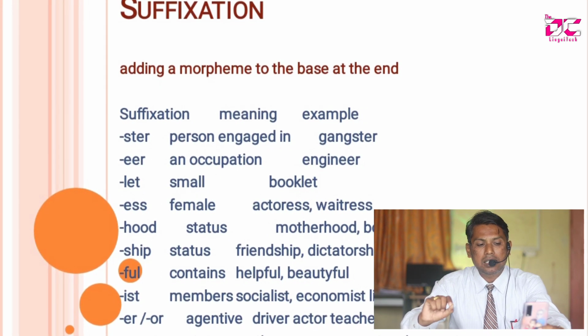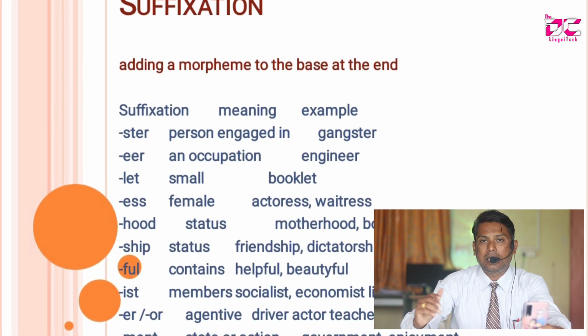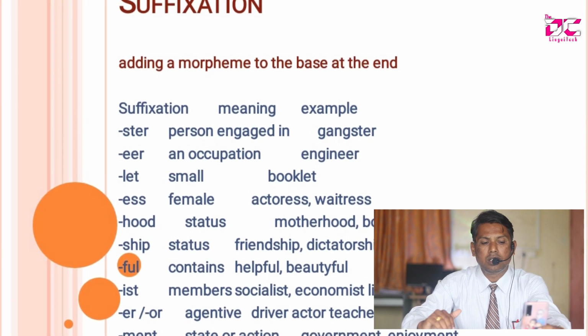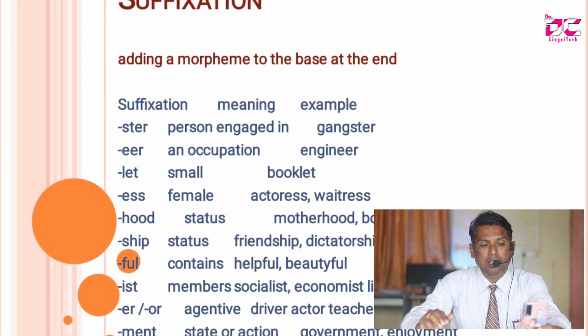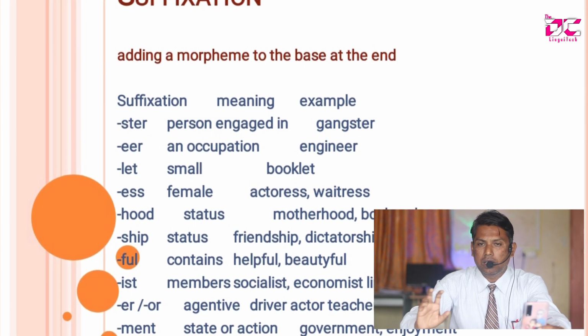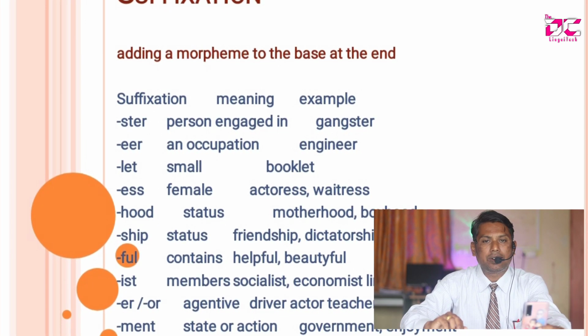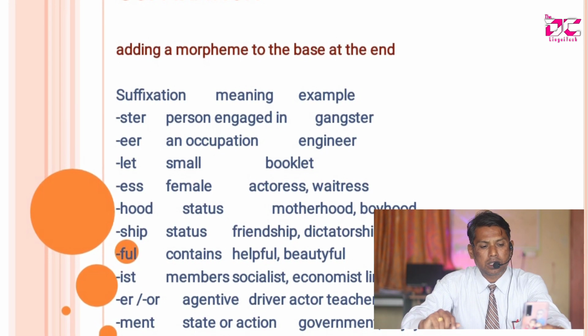For example, STER, a person engaged in, like gangster, filmster. Another one is LET, a small, let's say booklet, or baglet, a small bag, like that.